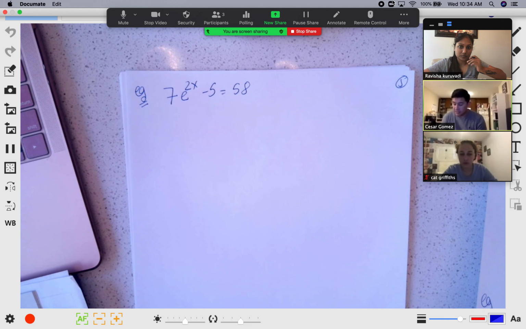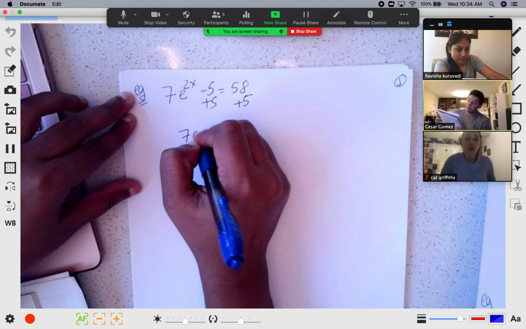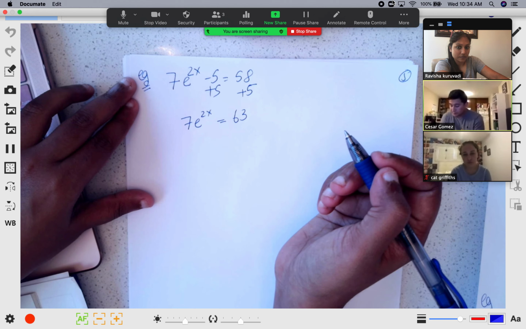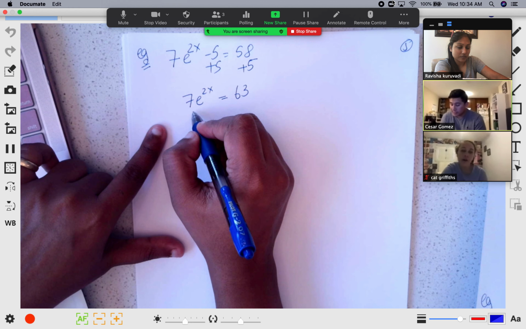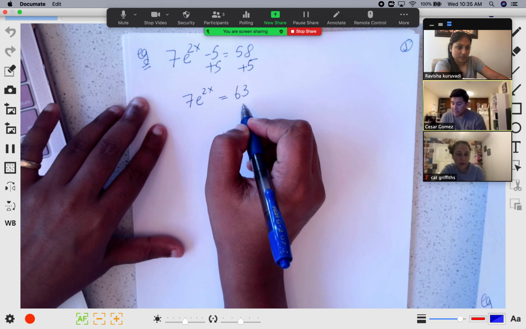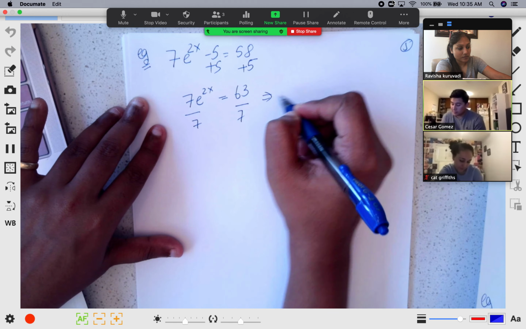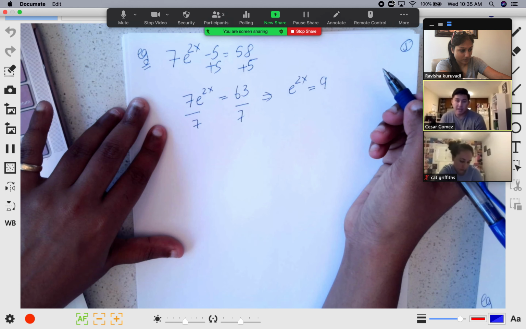So I added 5 to 58 to try to isolate the exponential. And then I got 7e to the 2x, and I divided by 7 to isolate it even more, which gave me e to the power of 2x equals 9.